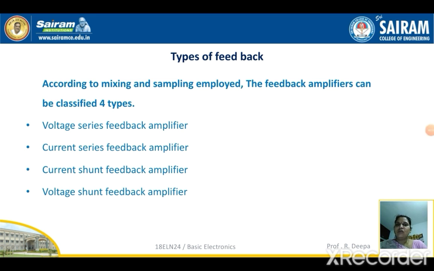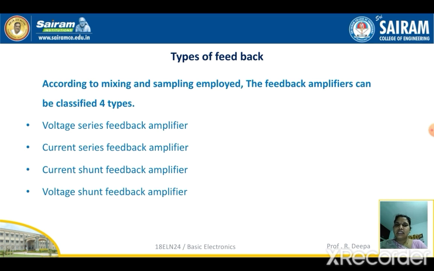So let us study the types of feedback. According to the mixing and sampling employed, feedback amplifiers can be classified into four types. That is, how we are going to feed the output signal back to the input part, and how we are going to sample the output signal.